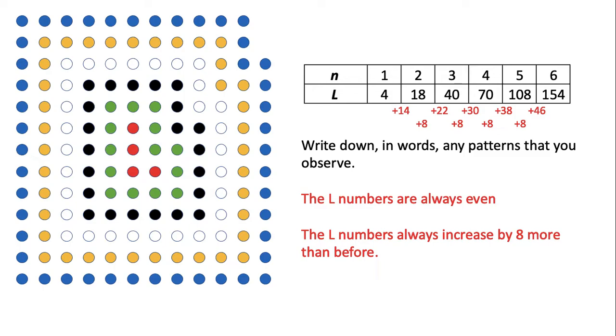So I've said the L numbers always increase by 8 more than before. But another way you can say that is to use better terminology. The second difference between the L terms is always 8. And I've seen mark schemes that reward that kind of terminology.